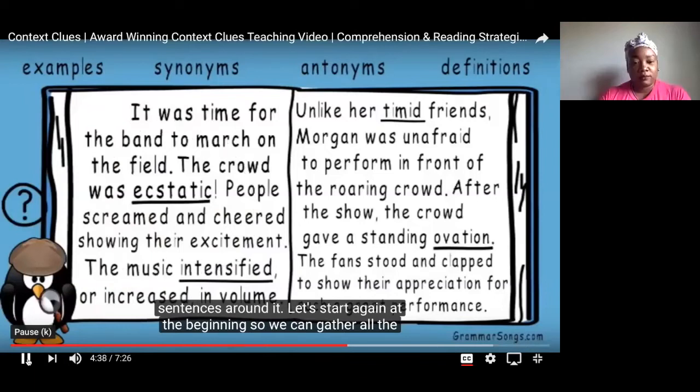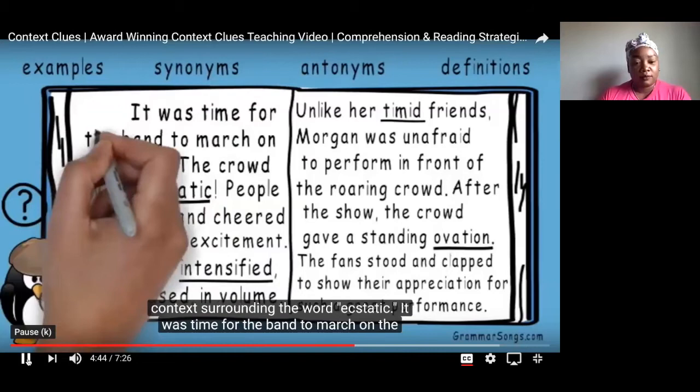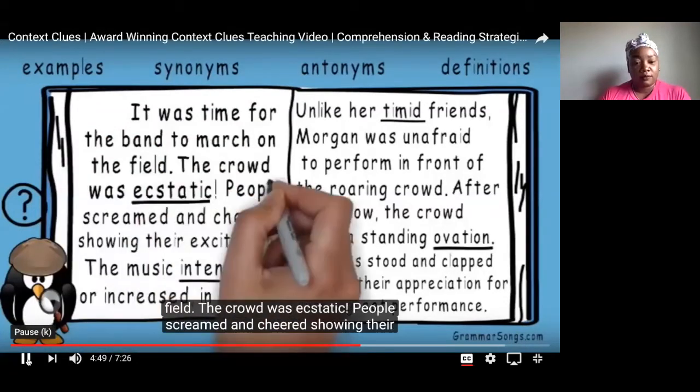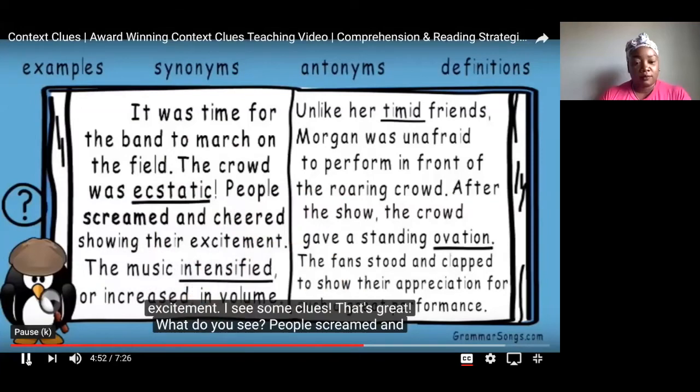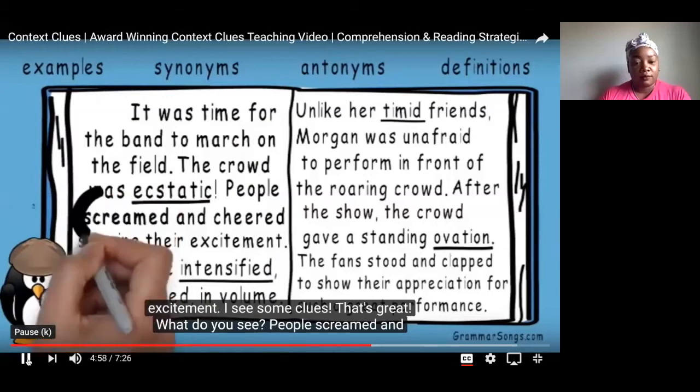A word's context includes the words and sentences around it. Let's start again at the beginning so we can gather all the context surrounding the word ecstatic. It was time for the band to march on the field. The crowd was ecstatic. People screamed and cheered, showing their excitement. I see some clues. That's great. What do you see?